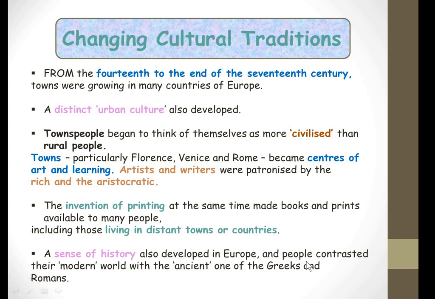And they started contrasting the modern or the contemporary world with the time of the Greeks and Romans. Everything they learned from the Greeks and Romans, they started contrasting it with the ancient world. So by this time, Greeks and Romans were called the ancient world, and that is why we call it the old age or the ancient world. So they started looking at the contrast, and the comparison was always made.